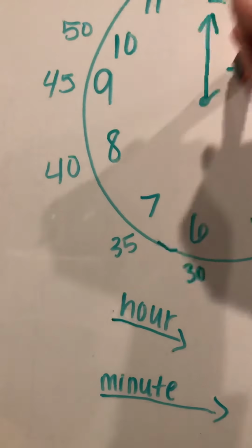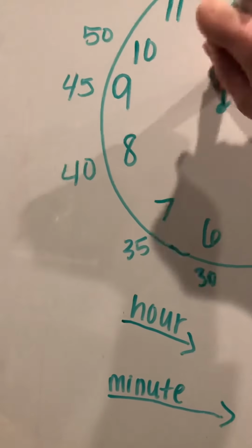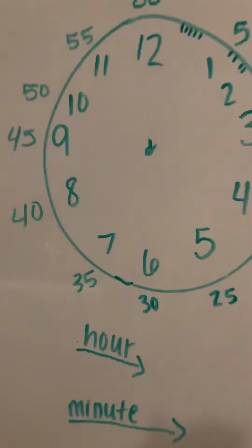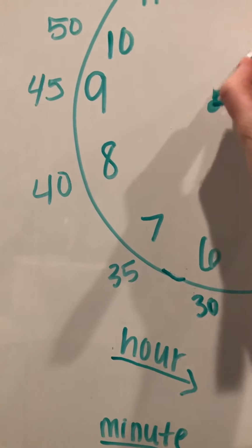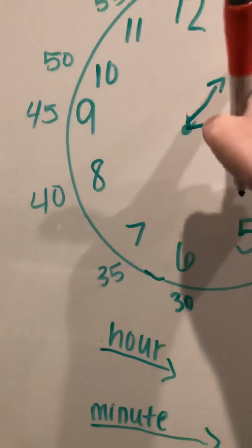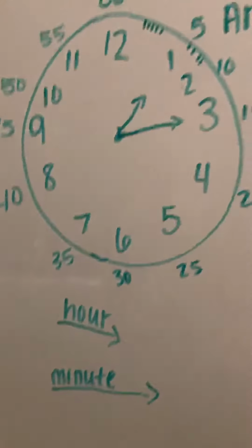Now, if I put our minute hand on our 3, and our hour hand is pointing towards our 1, it's 1:15.